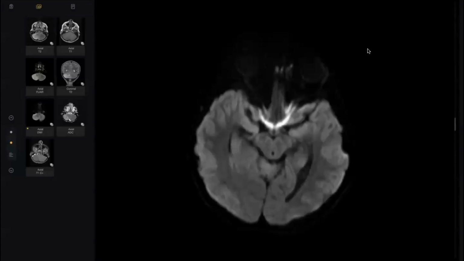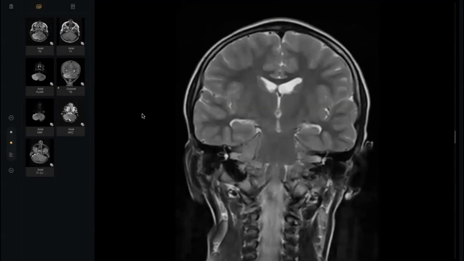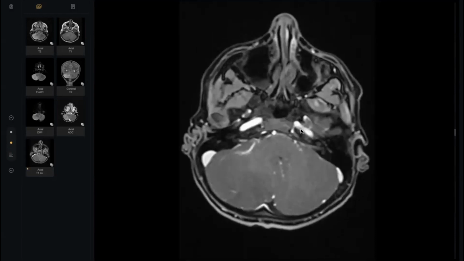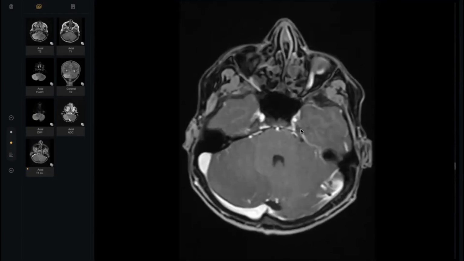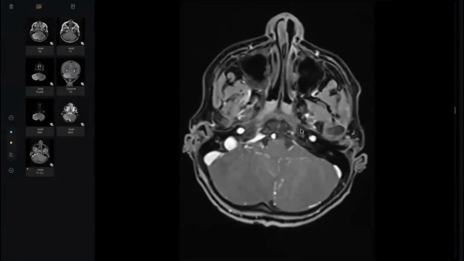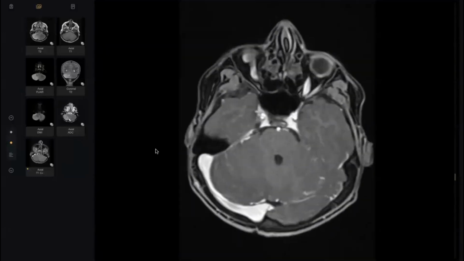Sir, I have one question. Yes, sure. Why is the cerebellum not enhancing on post-contrast images? You should tell me why. For example, in herpes simplex, could you detect any restricted diffusion or enhancement?